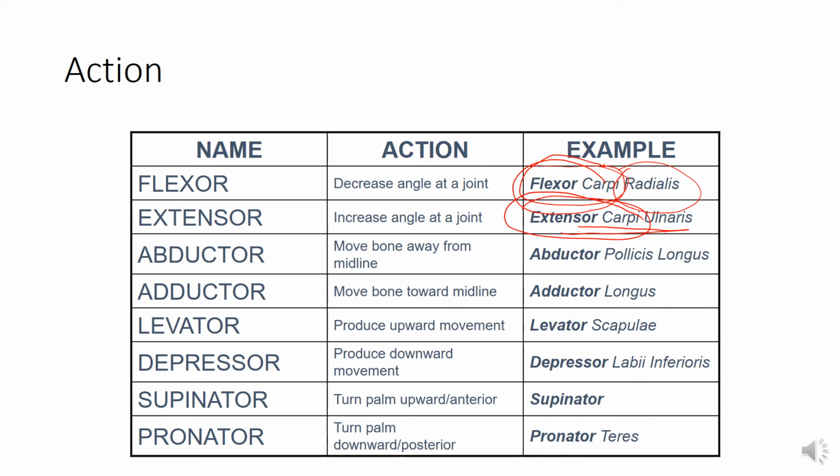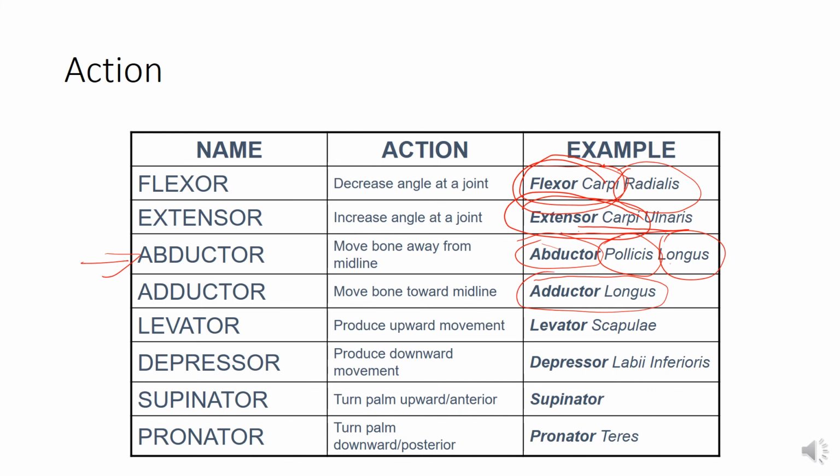Abductor, now they are named according to the action. Abductor pollicis longus. So abductor means it abducts, moves away. Pollicis means pertaining to the thumb, and longus means it is the longest muscle. Adductor longus, so it moves towards the midline, and longus, it is the long muscle.